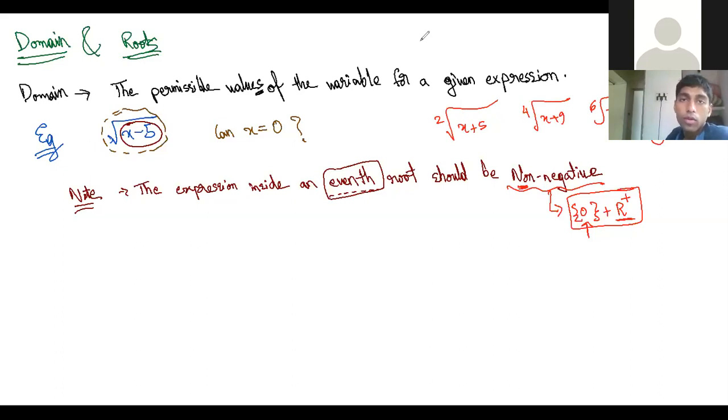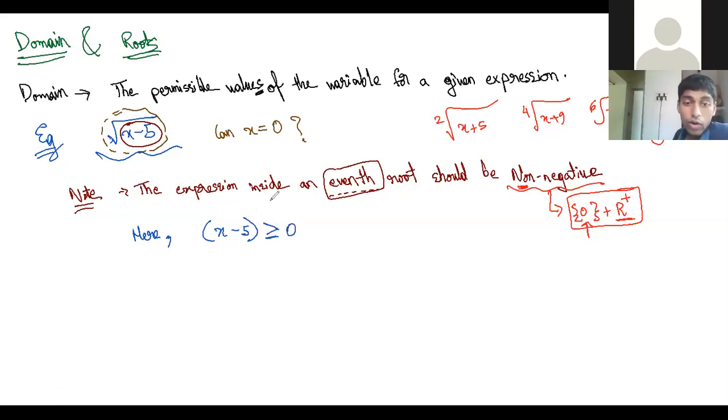In this particular question, what is the polynomial inside? X minus 5. So this boils down to the inequality x minus 5 is greater than or equal to 0.